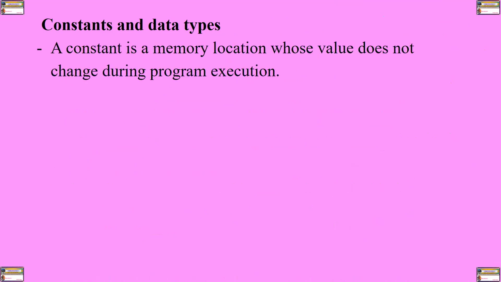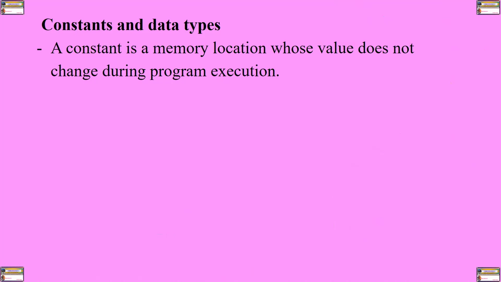Let's now look at what we call the constants and data types. What are constants? A constant is a memory location whose value does not change during program execution. So a constant is the opposite of a variable. We have seen that a variable is a memory location which you set aside and can hold various values during program execution.